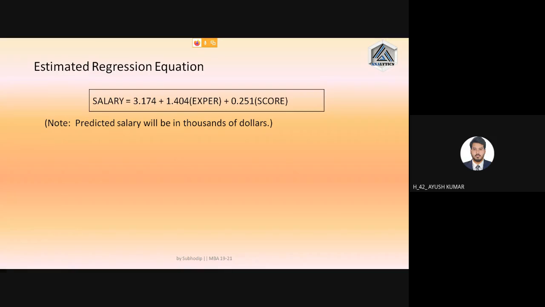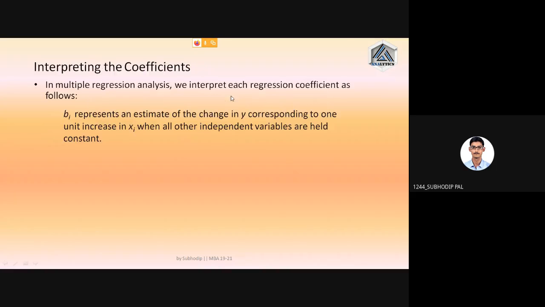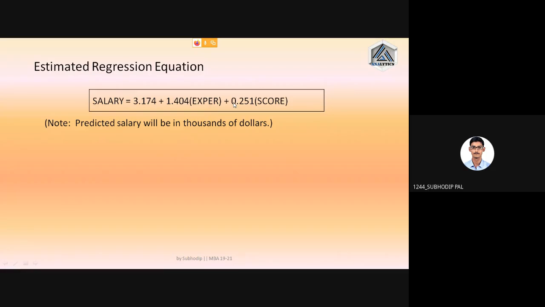Does it make sense? It will increase the salary by 1.404, this value only. Are you getting why I'm writing this? Leave this part, this part is constant now.